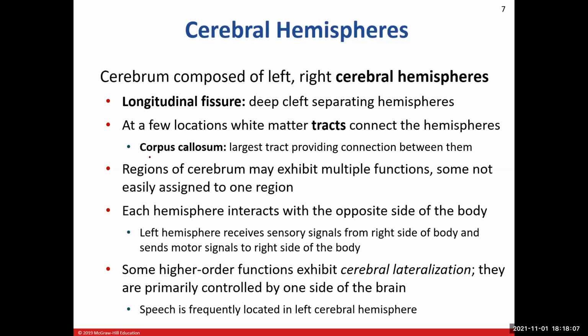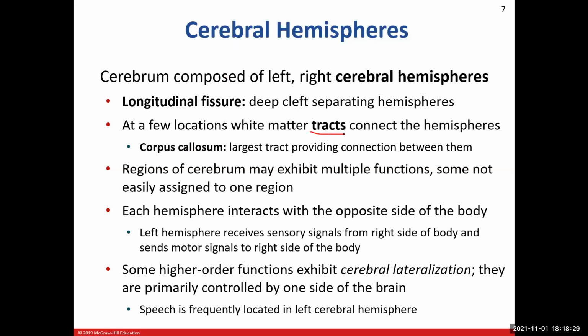So quick review here. When we were talking about the central nervous system versus the peripheral nervous system, if you had a bundle of axons in the peripheral nervous system, we would call that a nerve. Well, in the central nervous system, we call it something different. We call that a tract.